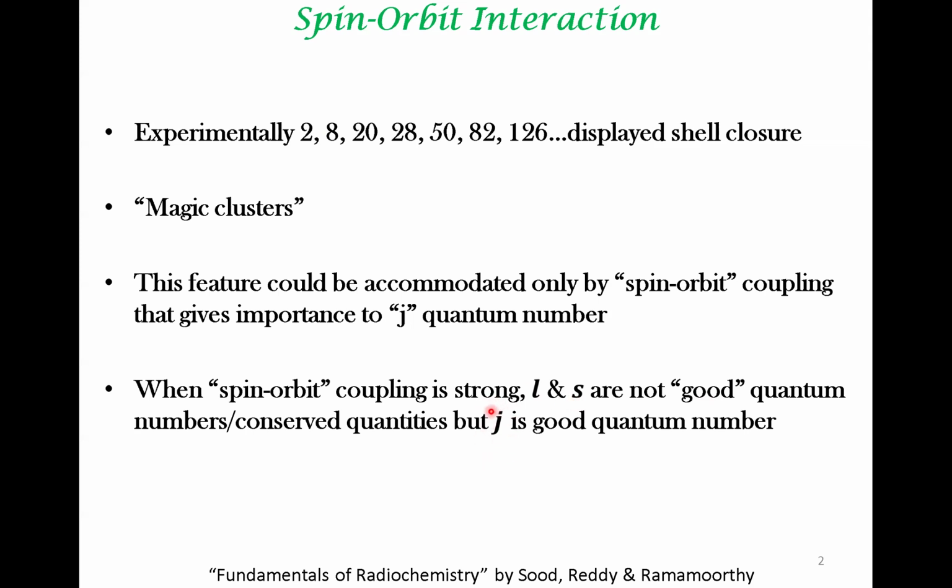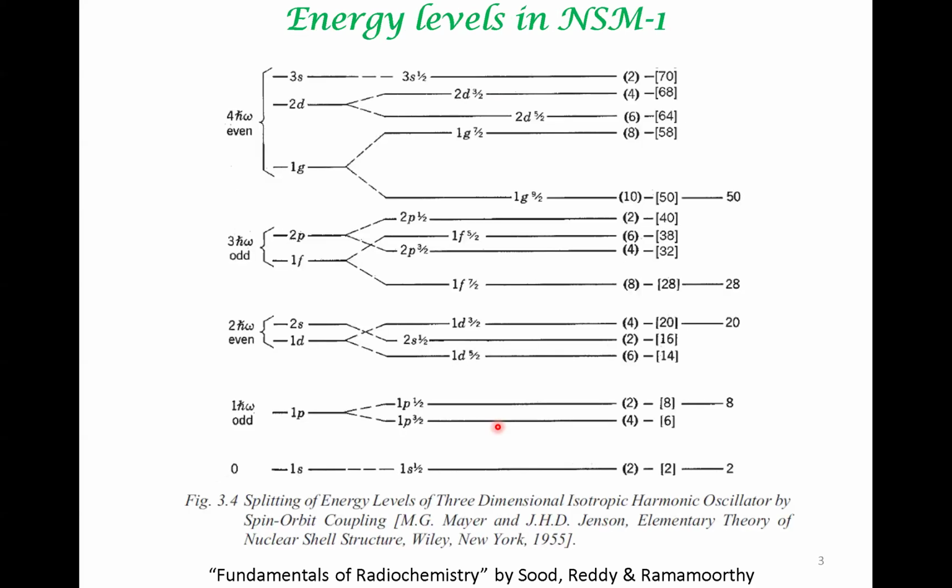So when the coupling is strong, instead of using L and S, there is another quantum number which specifies a conserved quantity, the total angular momentum that is obtained by vector coupling from L and S. This J is a good quantum number. If all these things appear like jargon, you have to improve your quantum knowledge, but it is not too important for the scope of this class.